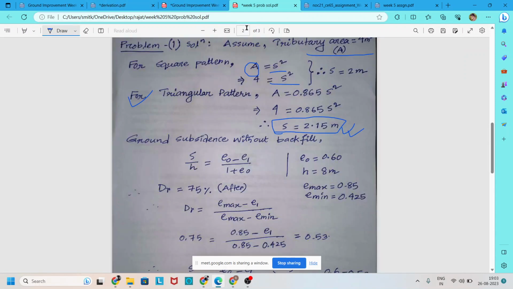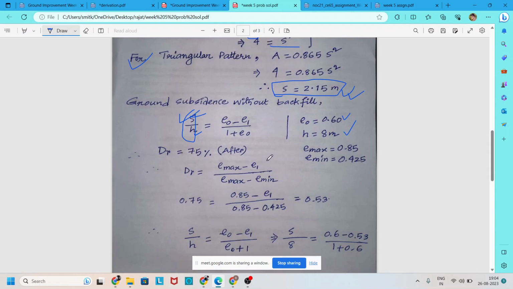For that, we need to apply this formula: S by H is equal to (e0 minus e1) divided by (1 plus e0), where S is ground subsidence, H is thickness of the layer, e0 is the initial void ratio, and e1 is the final void ratio. Here in this question only e0 is given; H is not given, e1 is not given. So we have to find that out.